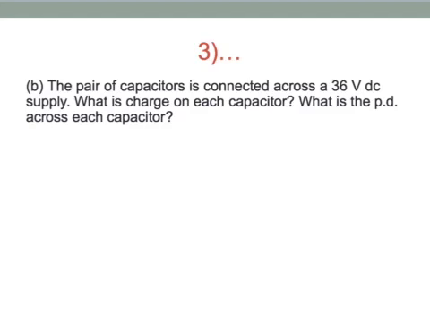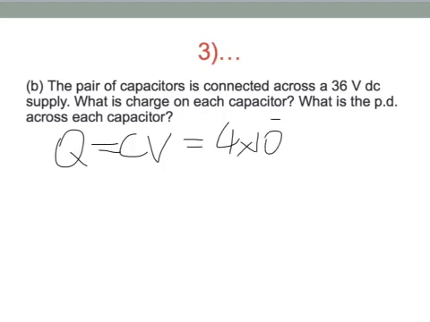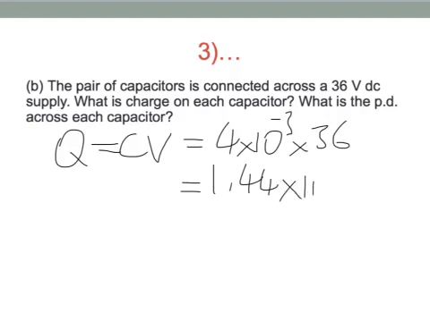Now, because they are in series, we have the same charge across the combination as we do for each capacitor individually, and therefore we can use this equation Q equals CV, being careful to use the 4 millicoulombs, so times 10 to the negative 3 multiplied by that 36 volts to give us the answer, and that should be 1.44 times 10 to the negative 1 coulombs.